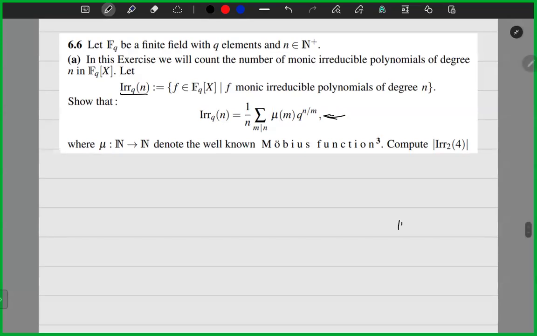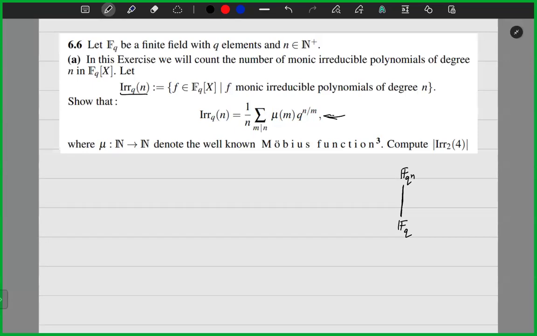Here you have a field FQ. On top, you want to count for n, right? So let there be the degree n extension FQn. In this extension, we want to count irreducible polynomials of degree n.